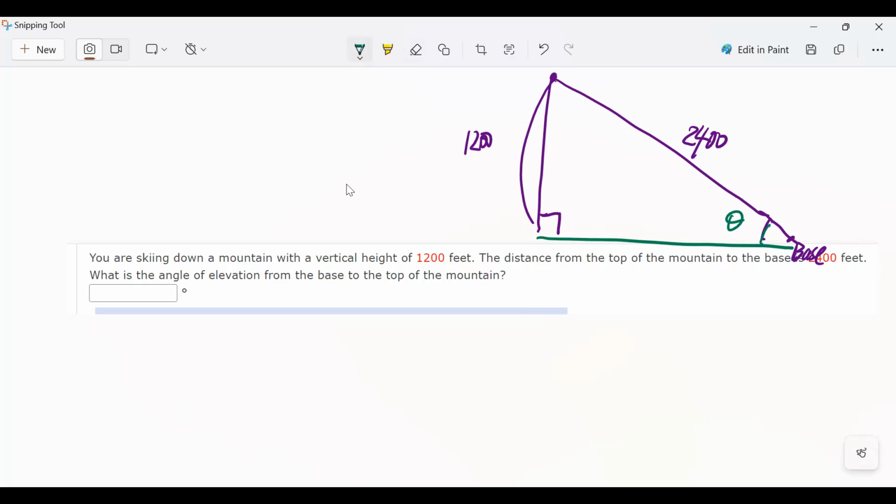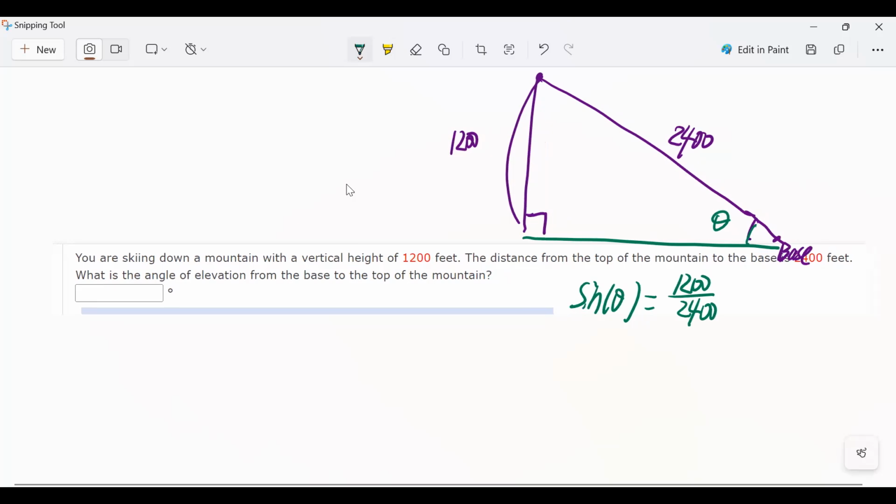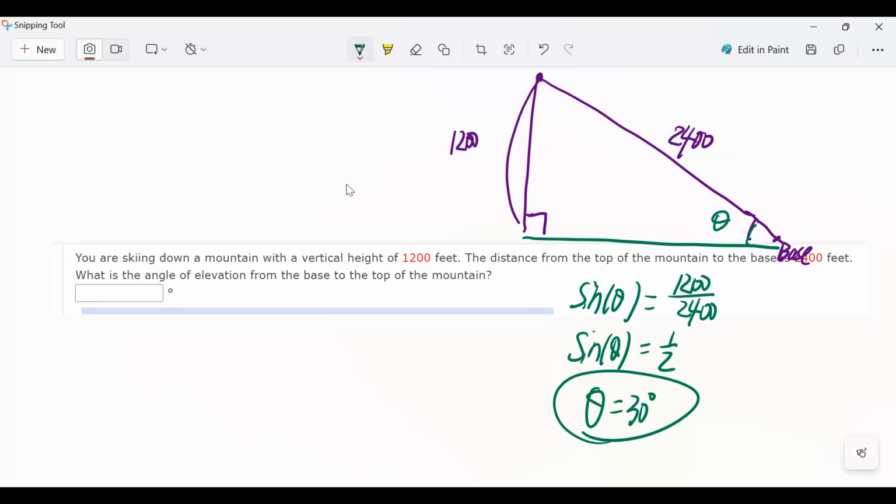So basically, we're using sine theta equal to opposite over hypotenuse, 1,200 over 2,400. This turns out to be one half. And this is a special angle: sine theta equal to one half, theta equal to 30 degrees. So the elevation turned out to be 30 degrees.